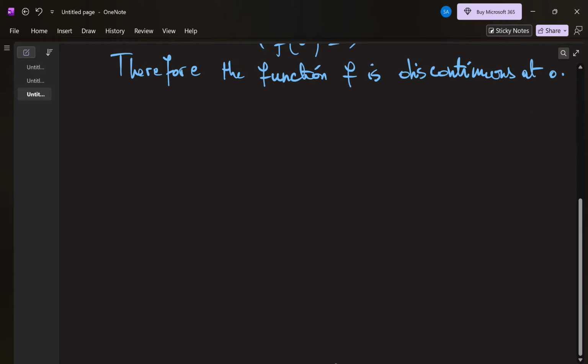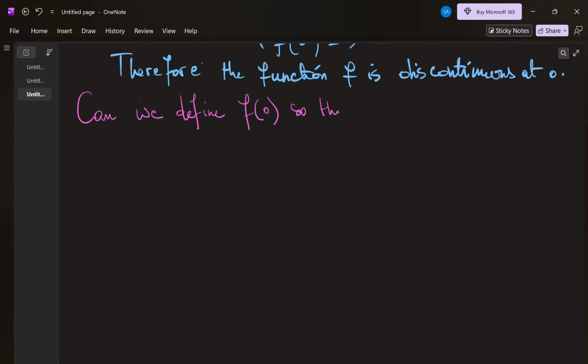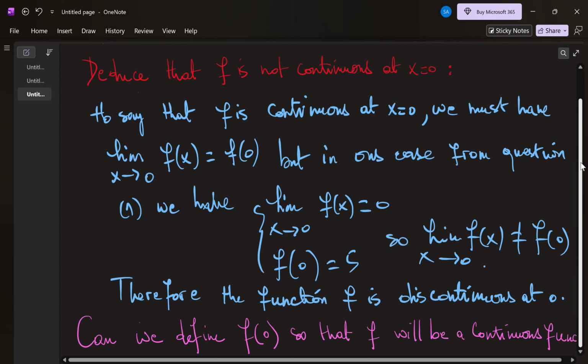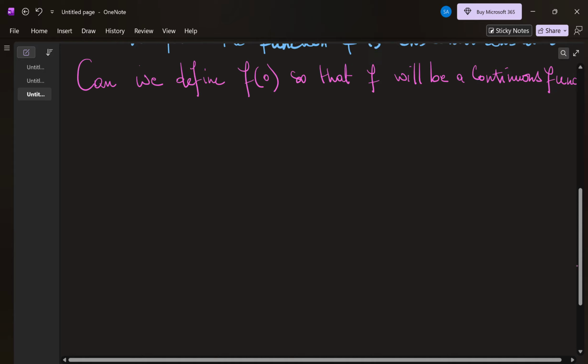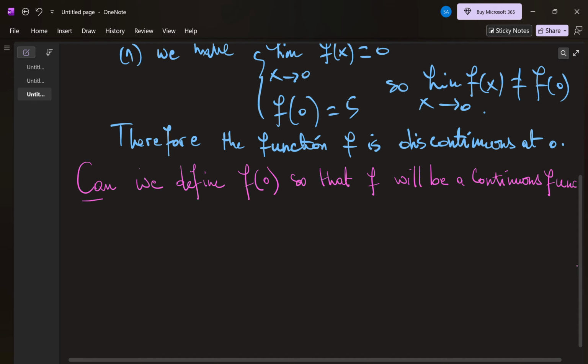So the next question is, can we define f of 0 so that f will be a continuous function?